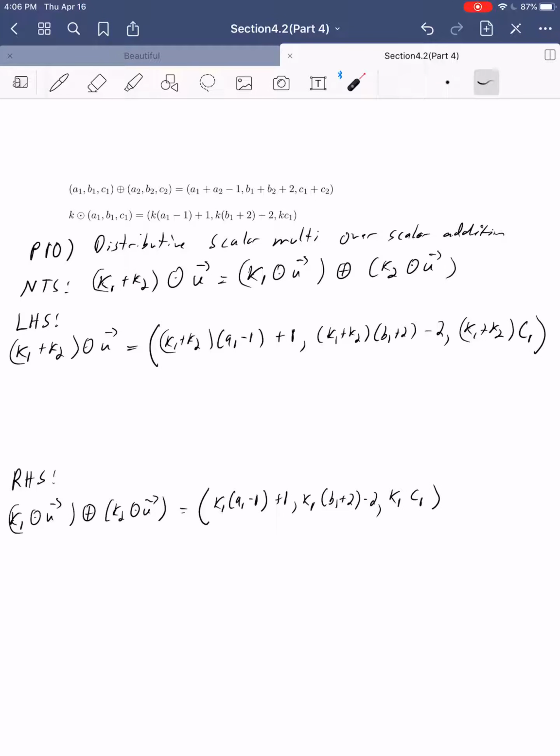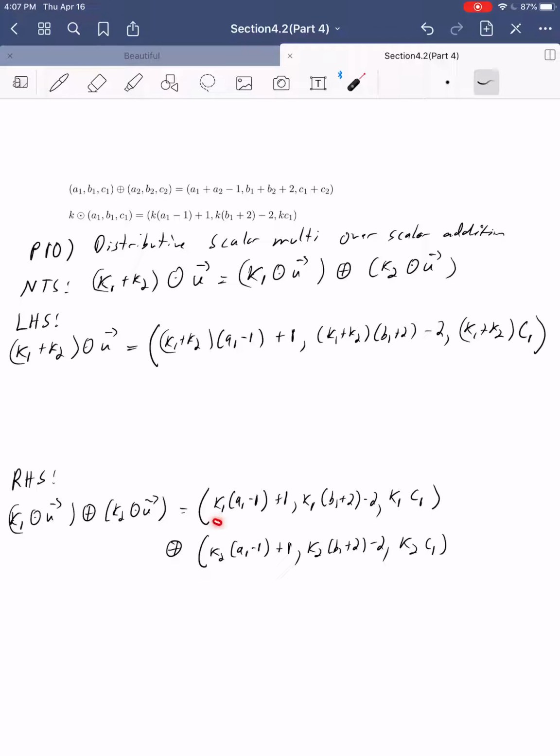And then that is going to be vector added to this guy here, which is going to be K2 (A1 minus 1) plus 1, K2 (B1 plus 2) minus 2, and K2 C1.